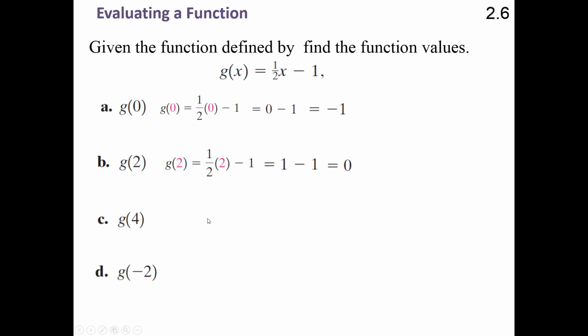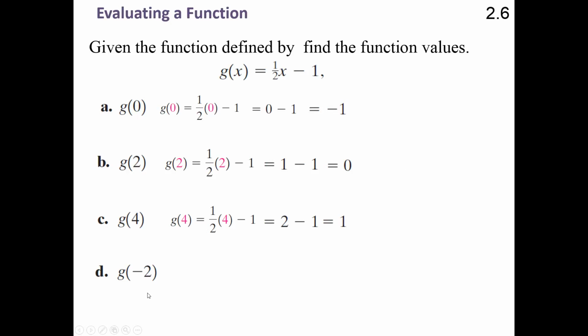So g of 2 is 0. Next is g of 4. So, like before, we'll multiply by 1/2 and subtract 1. So g of 4 will be 1/2 times 4, subtract 1. 1/2 times 4 is 2. So this is going to be 2 minus 1, which is 1. So g of 4 is 1. In other words, 4 gets mapped to 1 under this definition of g.